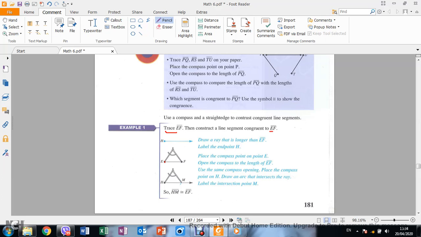Now don't touch it, keep this compass opening, don't change it or move it, so you don't make any mistake in the measure. After that, put the compass needle at point H, and at the same opening of EF draw an arc. When the arcs intersect, you get a point, so HM is congruent to EF line segment.